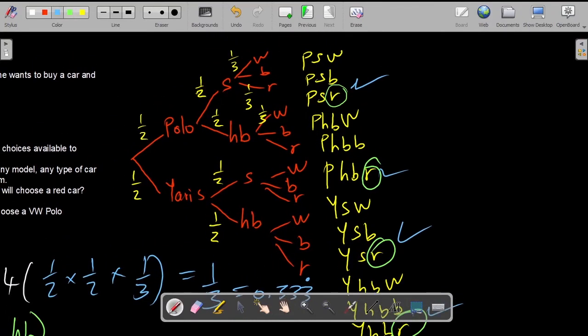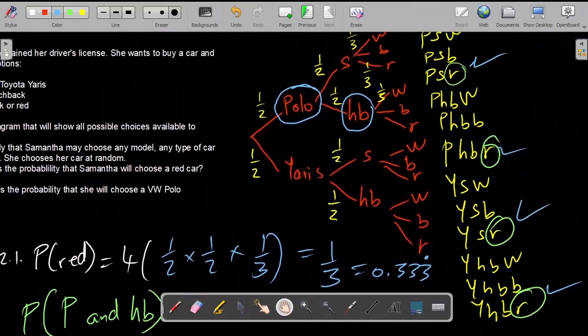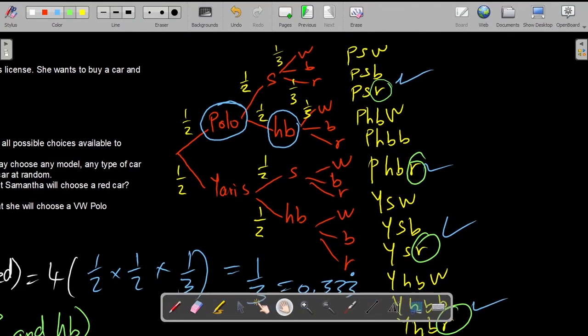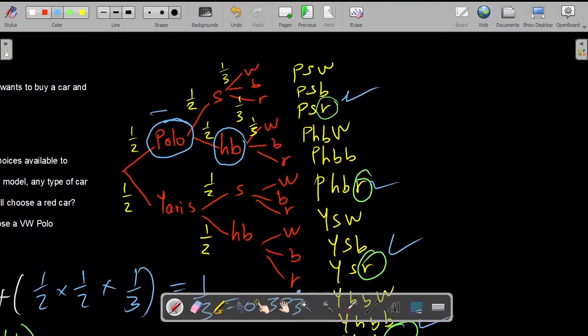It's specifically stated that we're looking for a Polo and it has to be a hatchback. But please note that nothing was said about the color. So you can then just pick the options that have these 2. As long as these 2 are in check, then everything else doesn't matter.